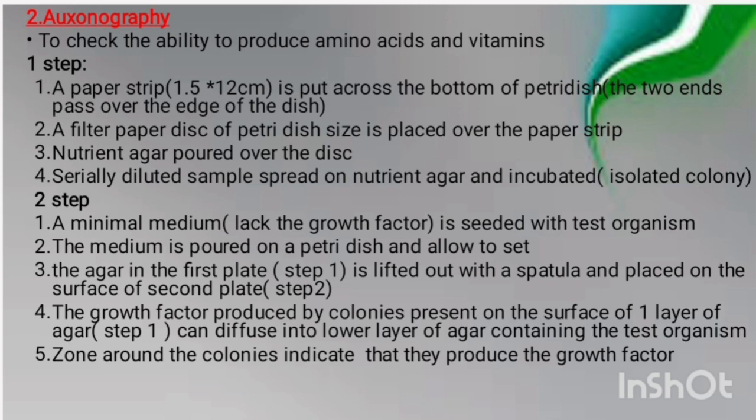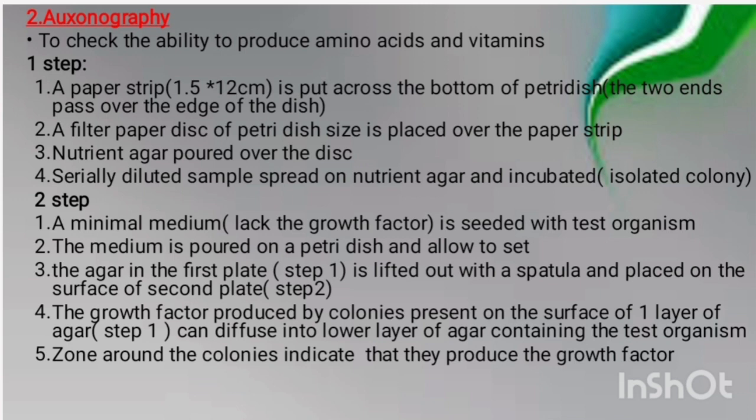Once more, first a petri dish is taken, then above that a filter paper strip is placed across the bottom of the petri dish and the two ends of the paper strip are passed over the edge of the dish.